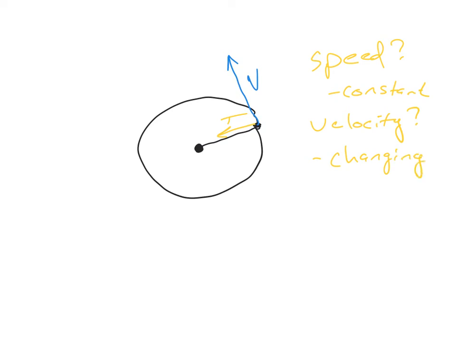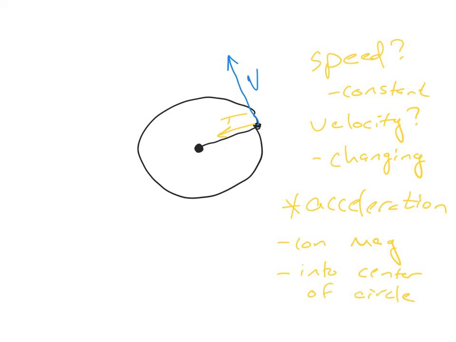Okay, so if it has a change in velocity, by definition, we have to have acceleration. And in this case it's a constant magnitude of acceleration, but the direction is always into the center of the circle.